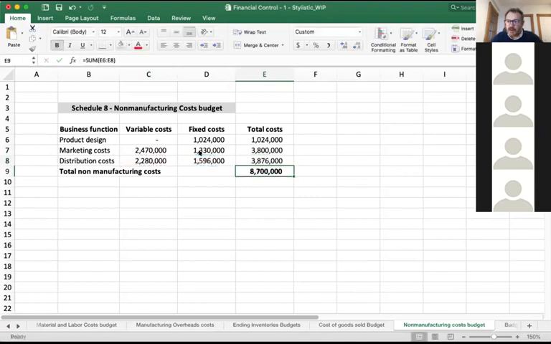So, as some of you reached, congratulations, everyone. You reached the right number, 8.7 million. So we know now the total of our non-manufacturing cost is 8.7 million. Any question about this one?